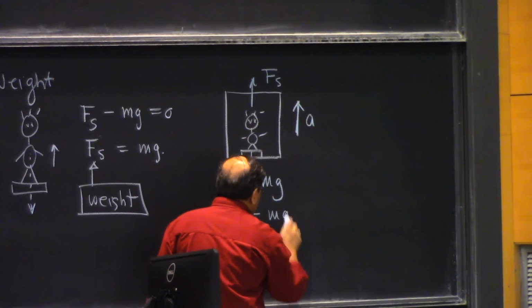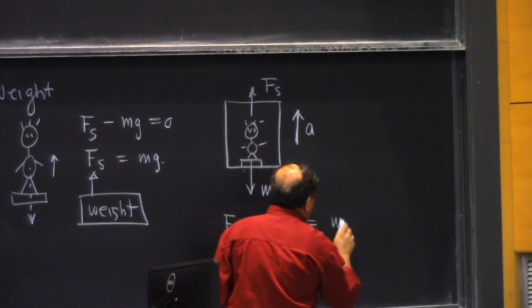So then we all agree, or mostly agree, that if the elevator starts going upward with an acceleration a, you should feel heavier. So let's set up the force equations for this guy, because we actually have drawn a free body diagram already, right? So now since the upward thing wins, I would write Fs upward minus mg, and the net force is ma upward.